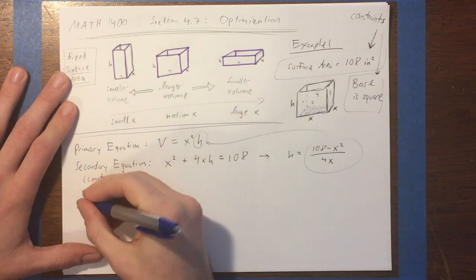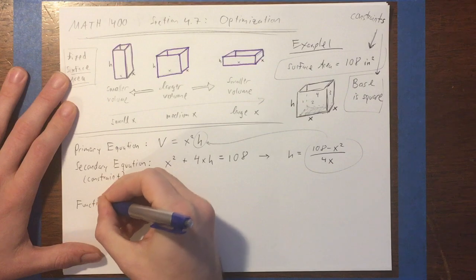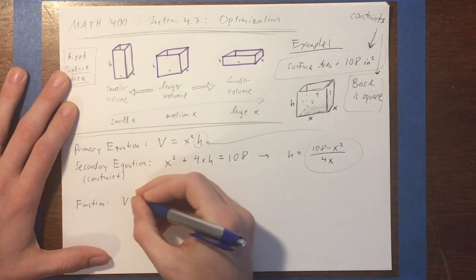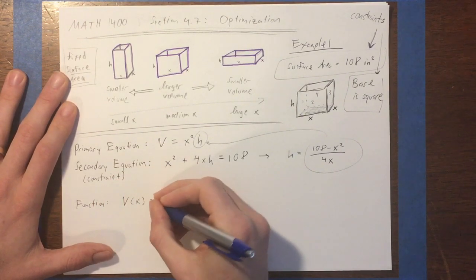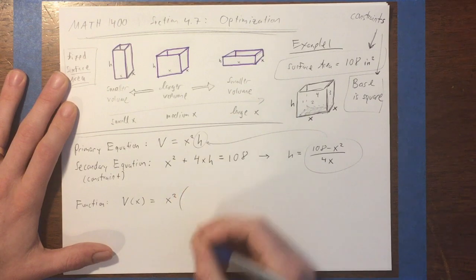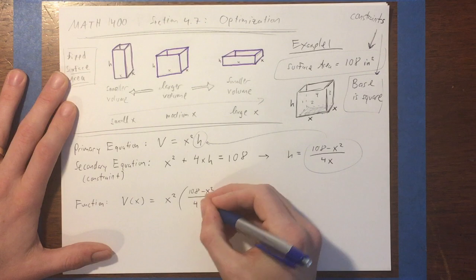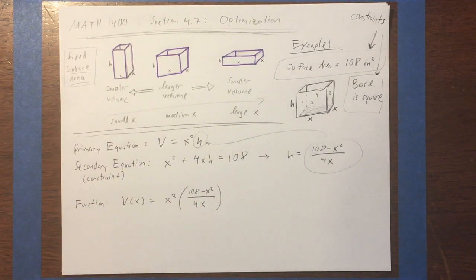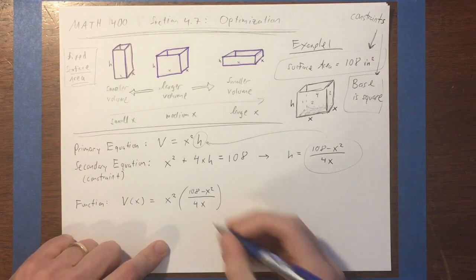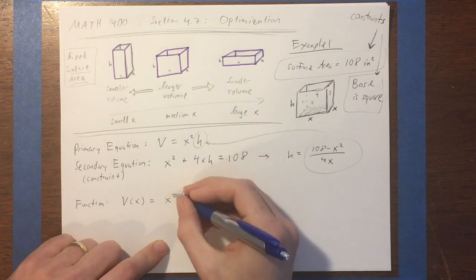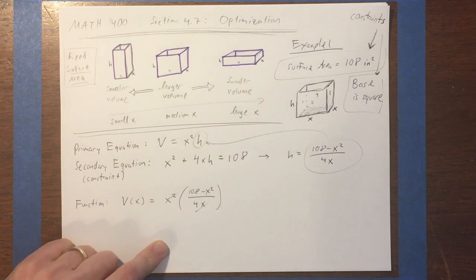So now the function we get to work with is V as a function of x is going to be x squared times (108 minus x squared) over 4x. And we can simplify that a little bit. For one thing, one of the x's in the denominator is going to cancel with one of these two x's.